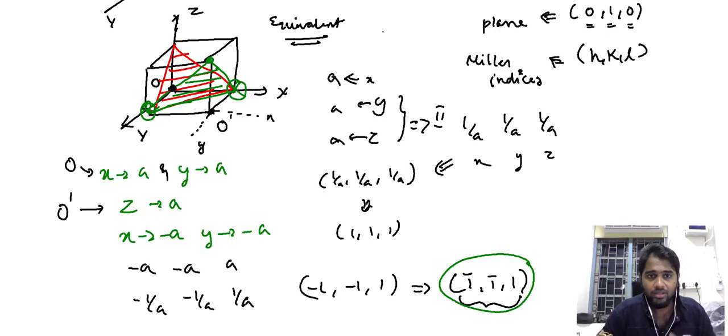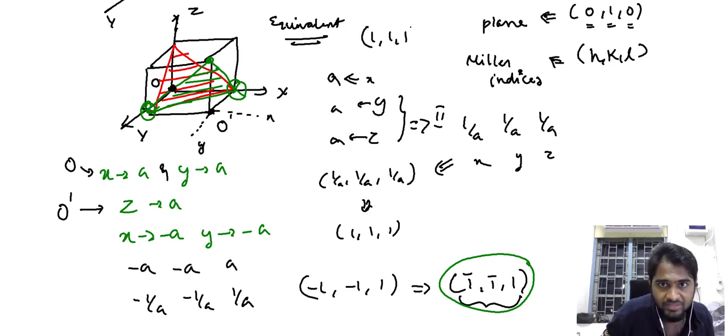I repeat, the red and the green planes, when you consider geometrically, are equivalent because they are connecting points of the unit cell that are completely opposite to each other in all the three directions. So geometrically they are equivalent. Secondly, it is possible for us, by appropriately changing the way we represent x, y and z and the position of the origin, to use the same Miller indices to represent both these planes.